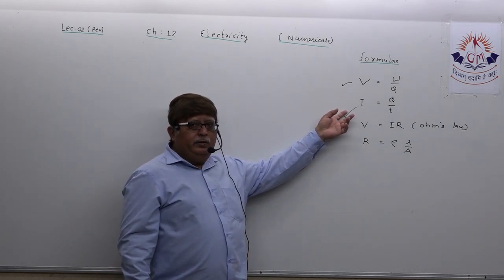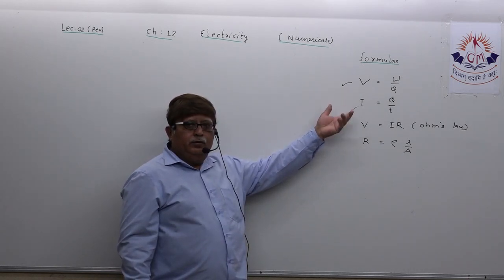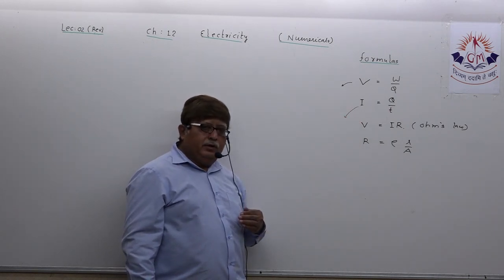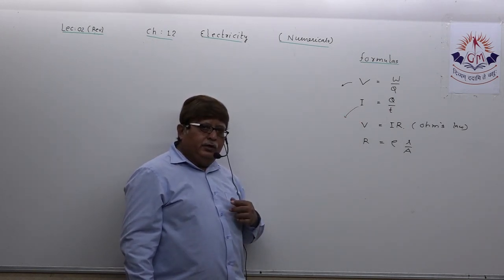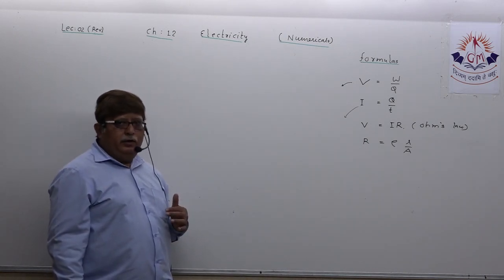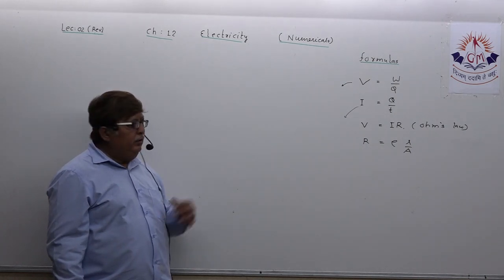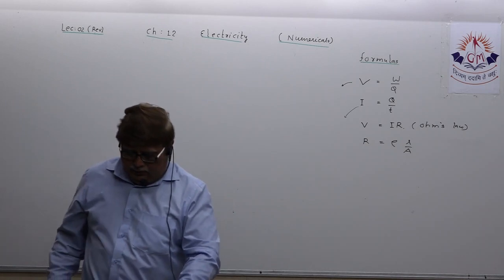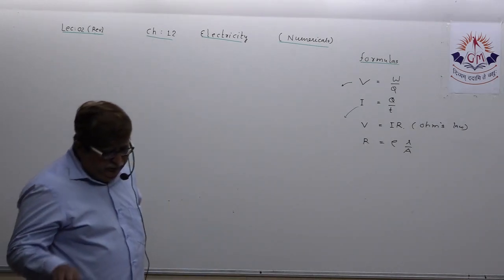I to be in ampere, Q in coulomb always, and time has to be in second. So those basic facts, if you can remember, then the example is easier. The 10th one which we have discussed.